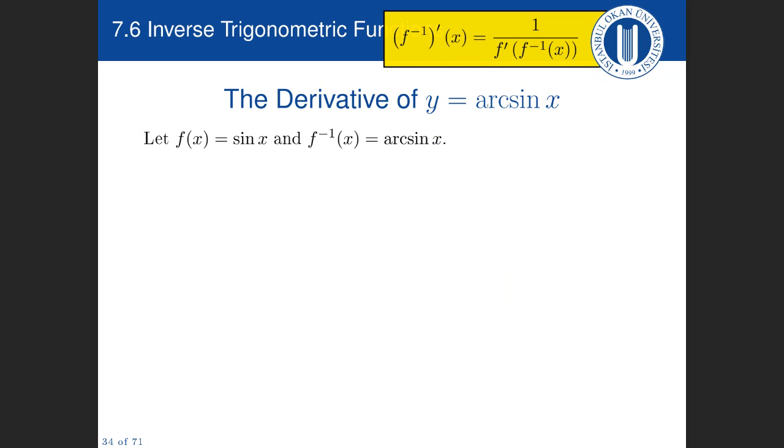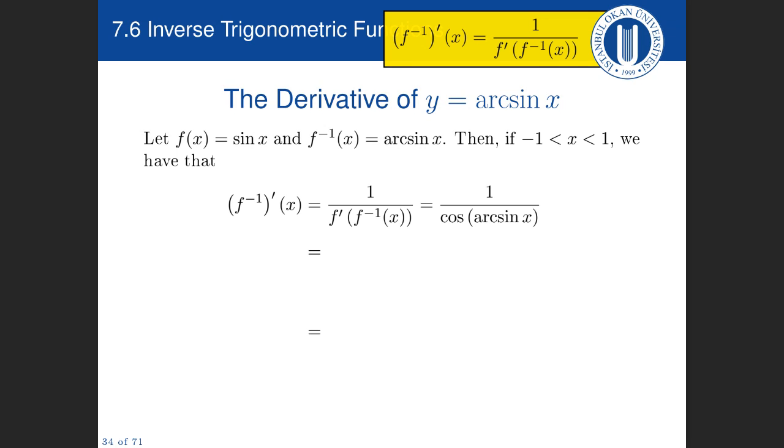We're going to be using the formula in the yellow box with f of x equal to sine x, and f inverse of x equal to arcsine x. Then if x is between minus 1 and 1, we can do this. The derivative of arcsine is 1 divided by cos of arcsine x, because the derivative of sine is cos.